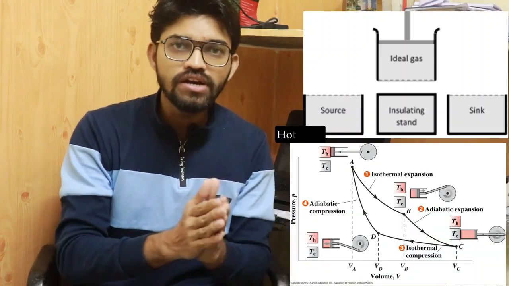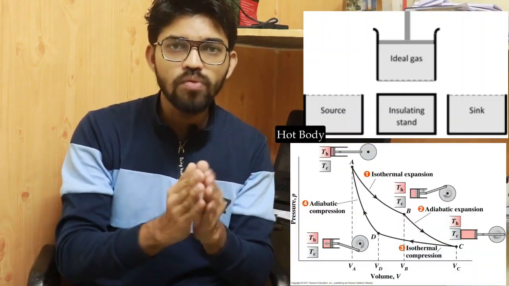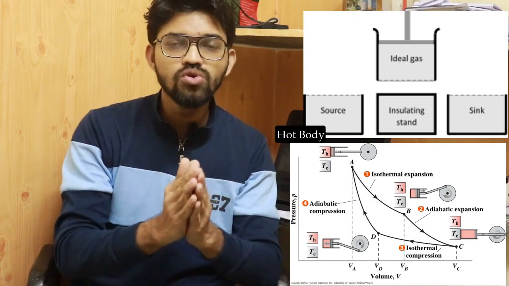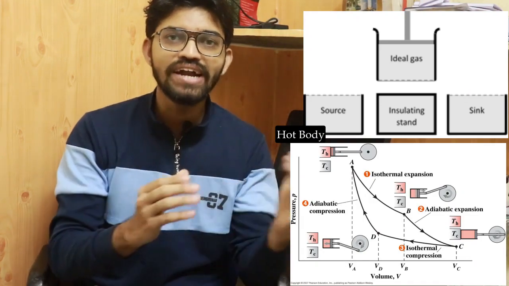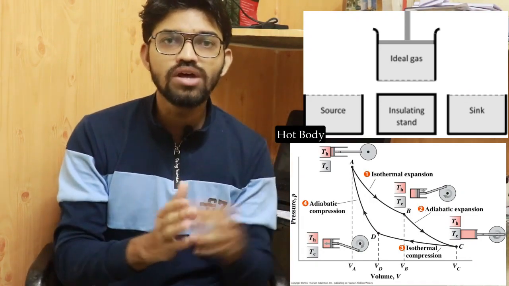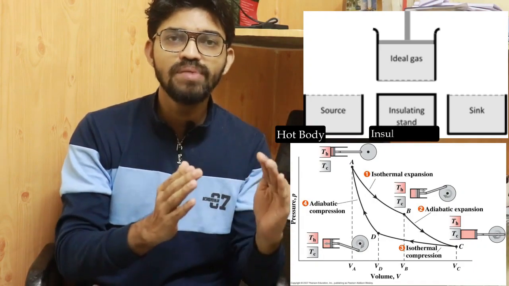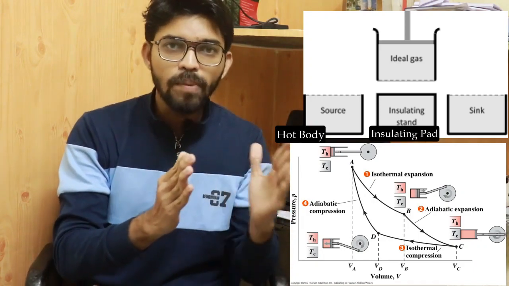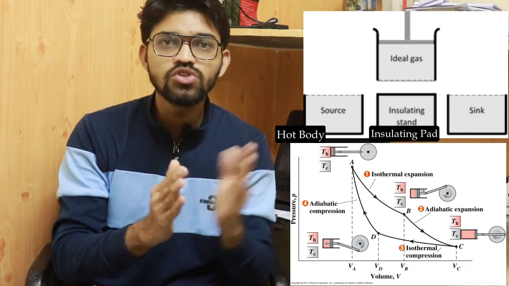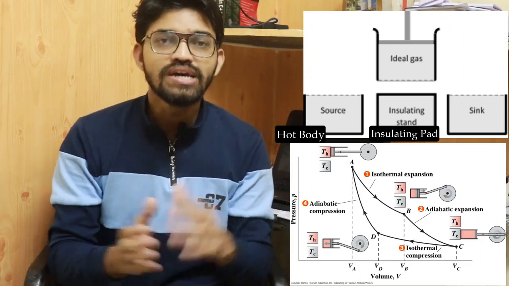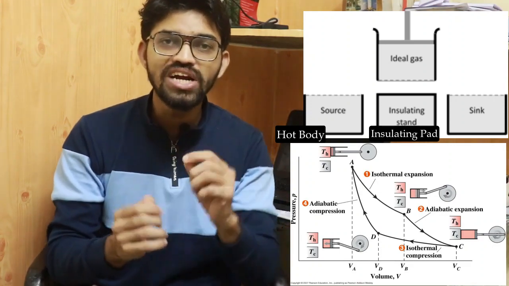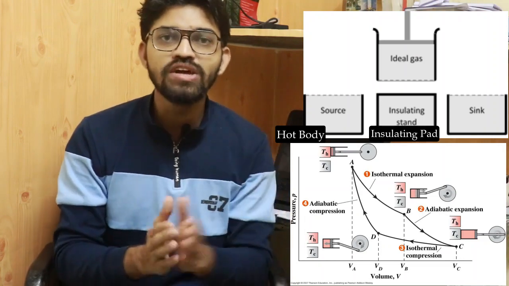At the bottom of the engine cylinder, he made a provision that the hot body will come in contact with the bottom of the engine cylinder, so that the heat gets absorbed, and due to that the piston will move, that is, the expansion will take place. After that expansion, the insulating pad will come in contact with the bottom of the engine cylinder, so that the total system gets closed and no heat will flow from the bottom of the engine cylinder.